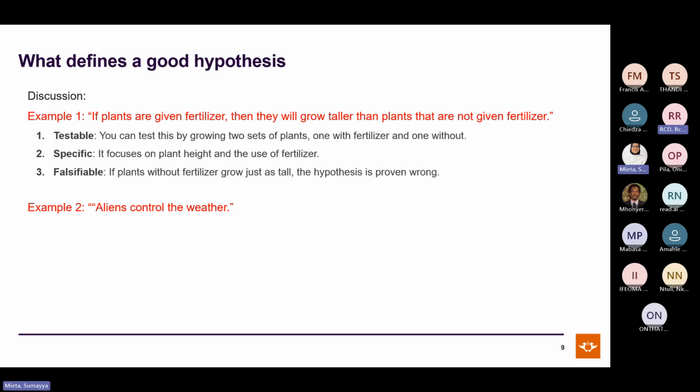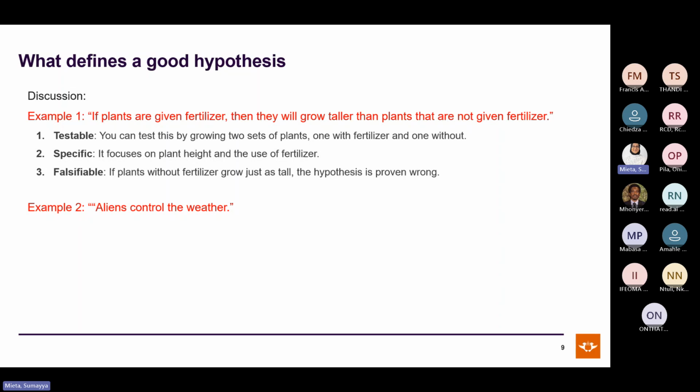Yes, it is specific. It's testable in that you can grow two sets of plants, add fertilizer to one and not to the other, and see what the difference will be. It's specific in that we're focusing on a certain characteristic or feature. We are testing the height of the plant.